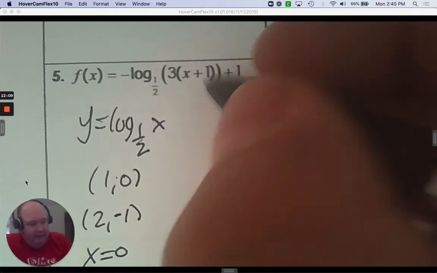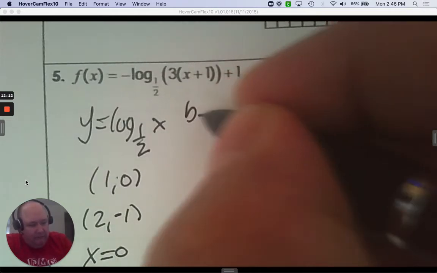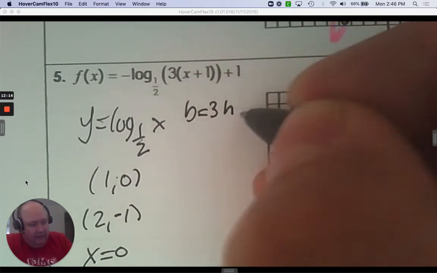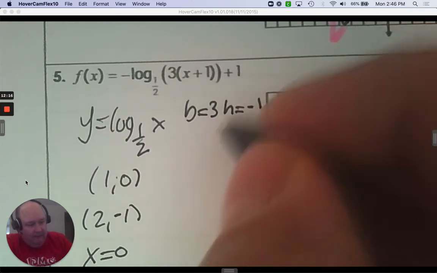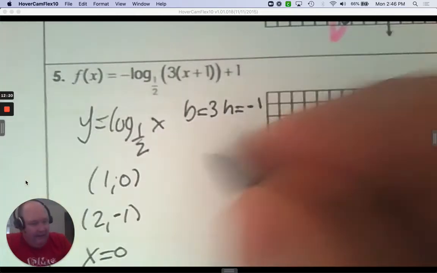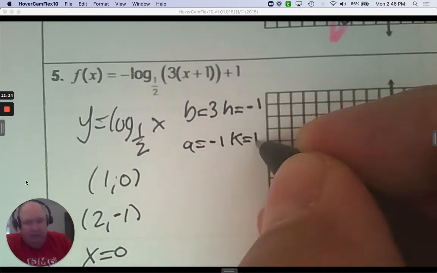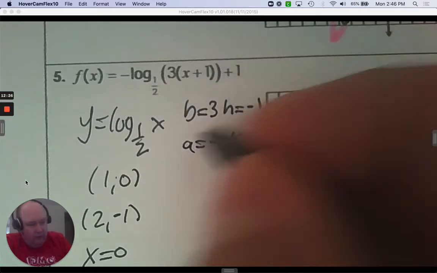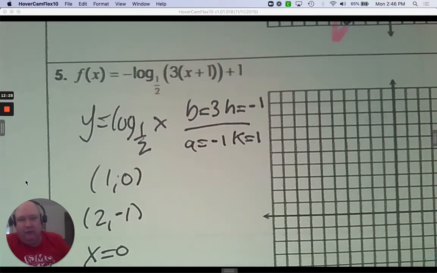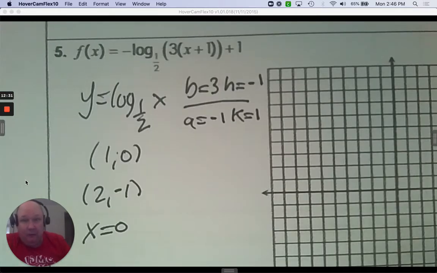Look inside the logarithm, and you can see b is equal to 3, and h is -1. The only thing that affects the y-coordinate, actually, we have a equaling -1, and we have k is equal to +1. So the top affects the x-coordinate, and the bottom affects the y-coordinate.